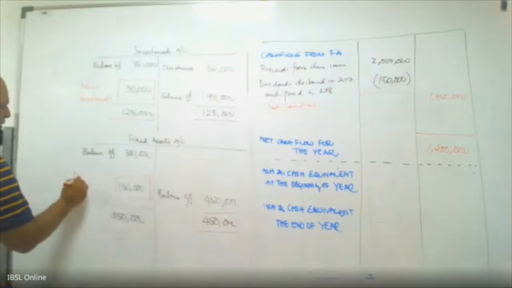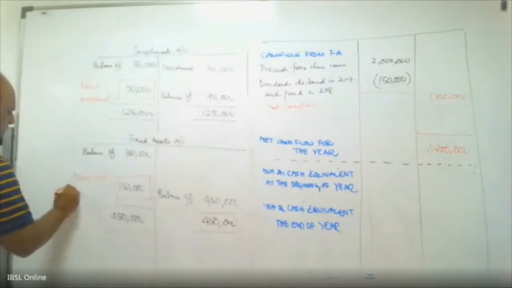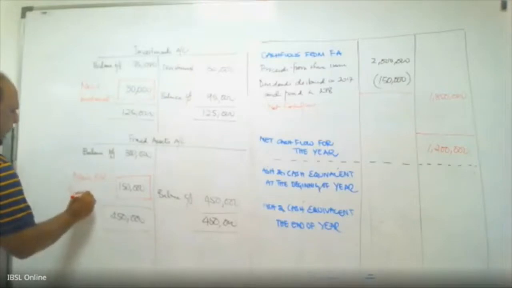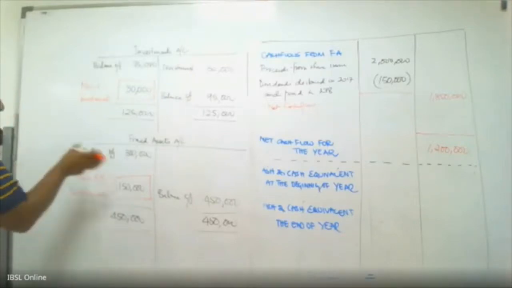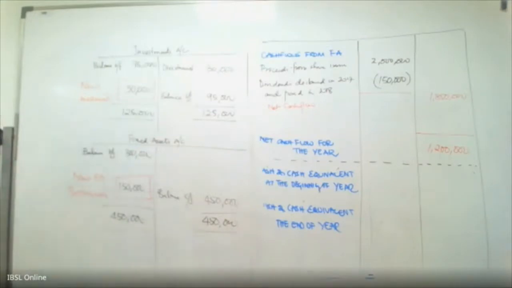This is new fixed assets purchased. So debit here, credit cash. Your cash will go out of the business. So these are the two elements that you need to find out.